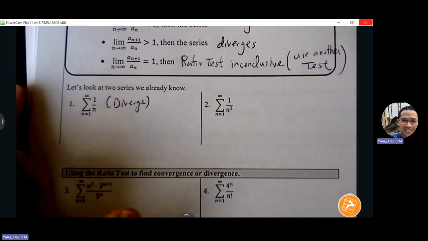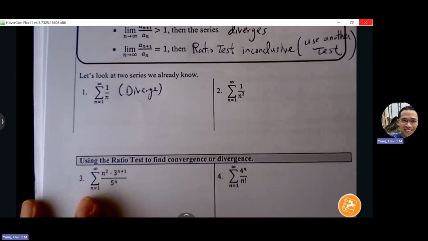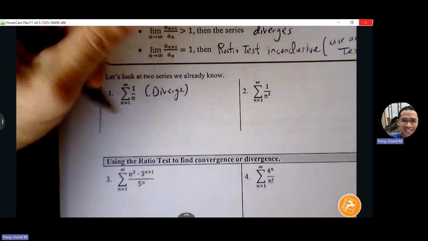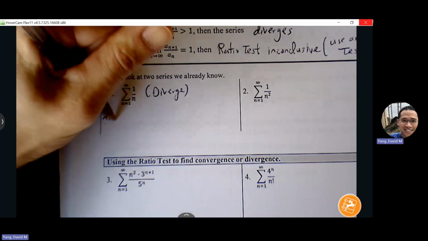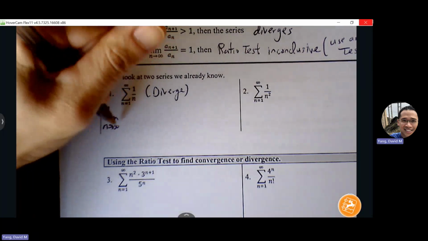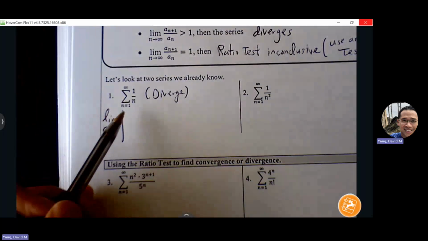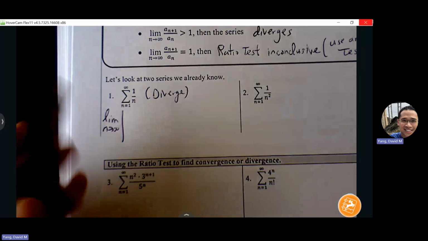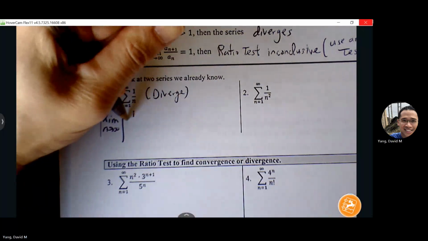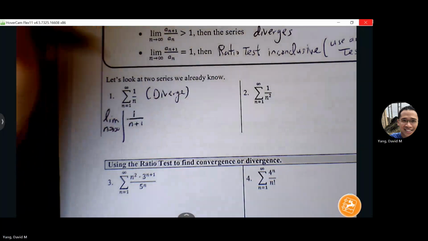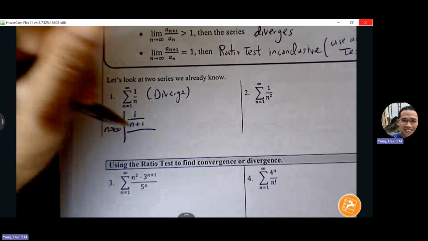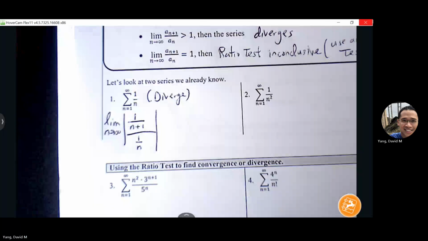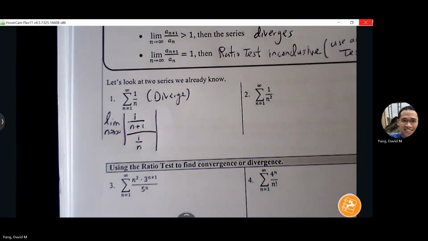But just to demonstrate what the ratio test would look like in terms of the setup, we would do the limit as n approaches infinity of a sub n plus 1. So a sub n plus 1 just means every n that you see, replace it with n plus 1. And then you're going to divide it by the original rule of the sequence.